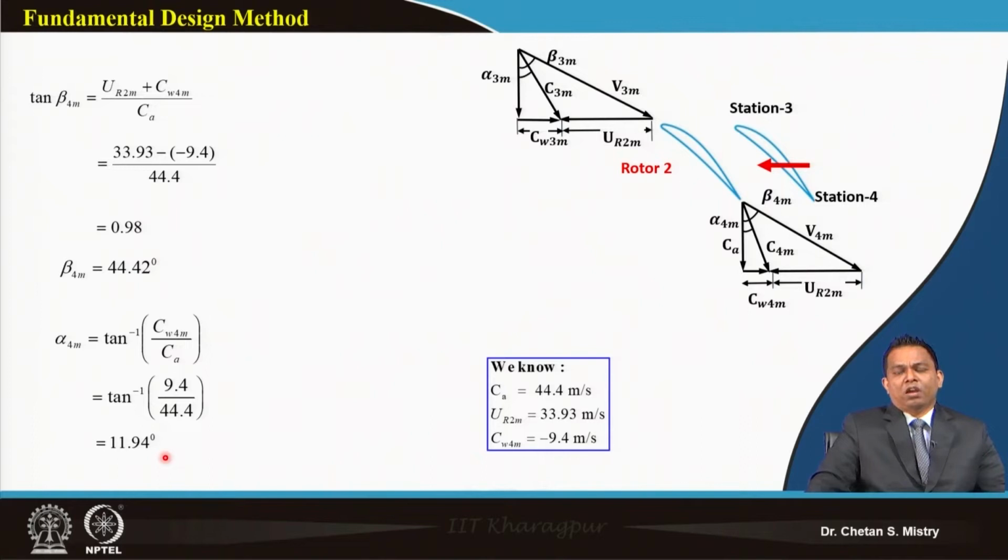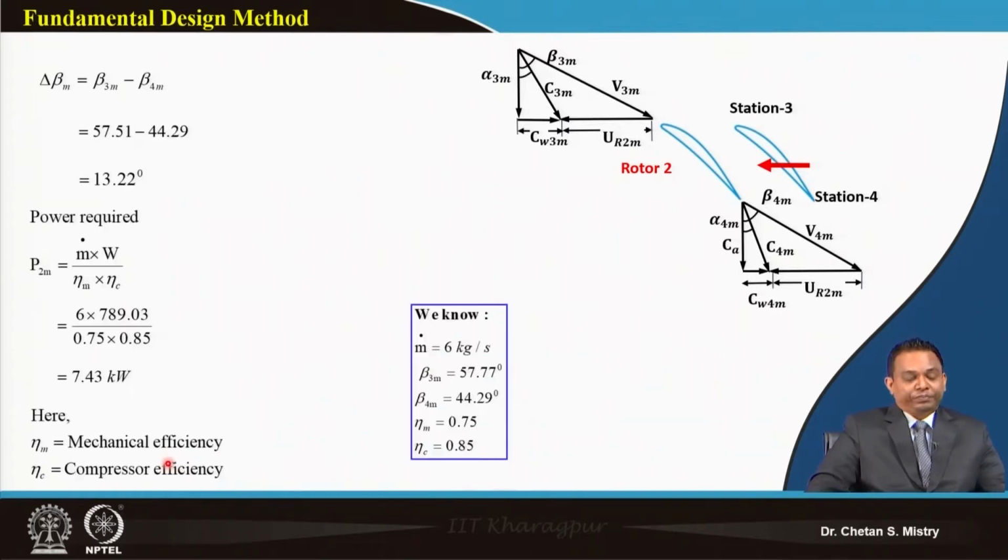Sometimes when you are doing your design, there may be a constraint that the exit needs to be axial, so that alpha 4 is equal to 0 and CW4 is also taken as 0, and that puts a whole lot of stress on the design calculations. So we are not restricting ourselves to an axial outlet, and that's the reason you can see at the mid station alpha 4 comes to 11.94 degrees.